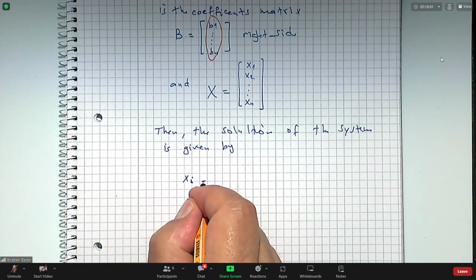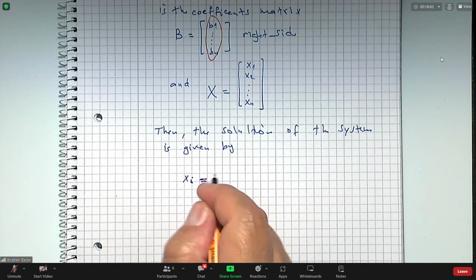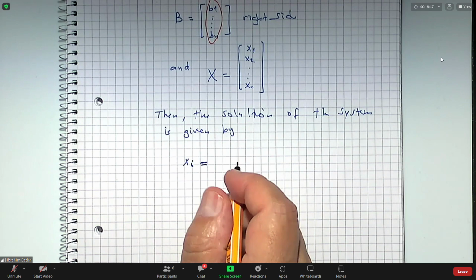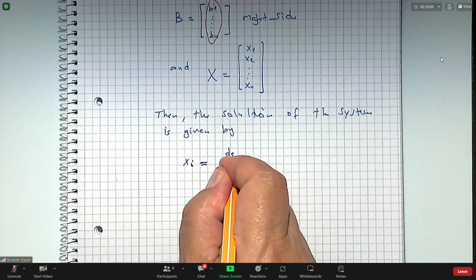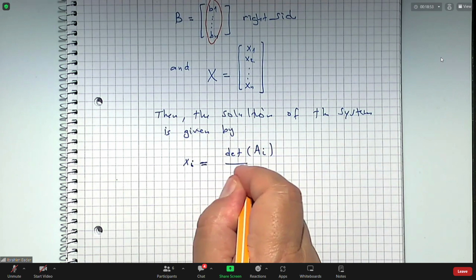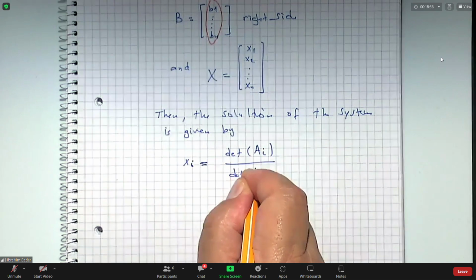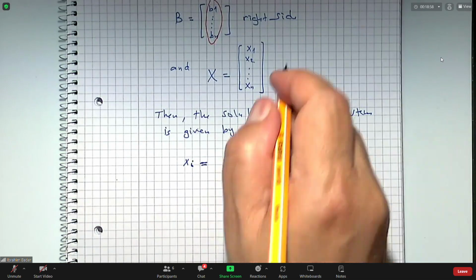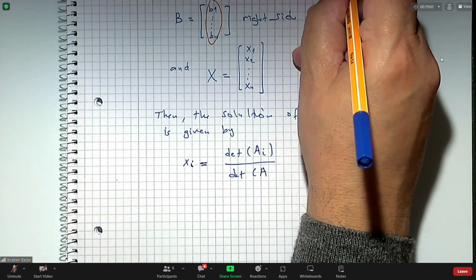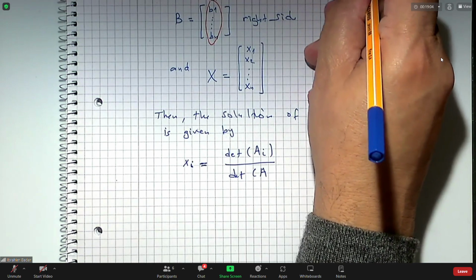If I give xi for x1, x2, x3 up to xn, then I solve the system. It's going to be the determinant of a matrix we will call A sub i divided by the determinant of A. So here in the beginning, let's require that the determinant of A is not equal to 0.